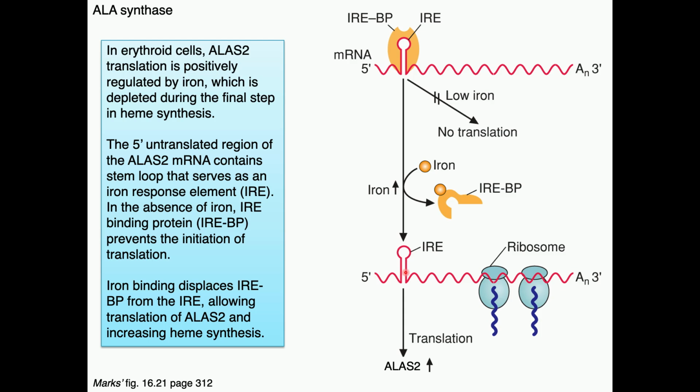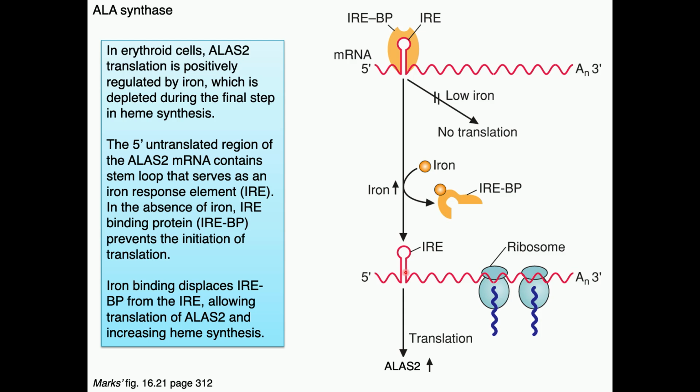And we will circle back to this next week when we talk about iron metabolism and iron homeostasis. Because in addition to ALAS2, there are a number of other genes that are involved in iron in one way or the other that are regulated in a similar fashion to be sensitive to how much iron is within the cell.